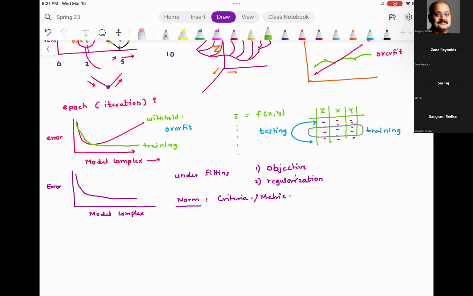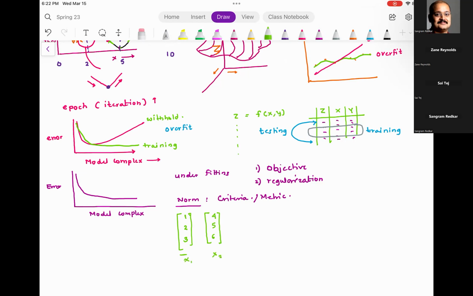So for an example, if you have a vector, say 1, 2, 3, and you have a second vector 4, 5, 6. Now the question is, how do I compare this vector x1 with vector x2?